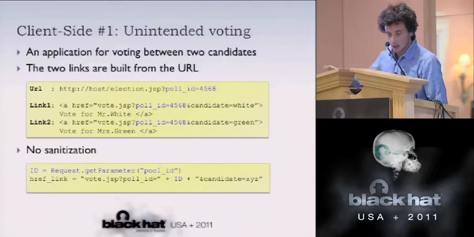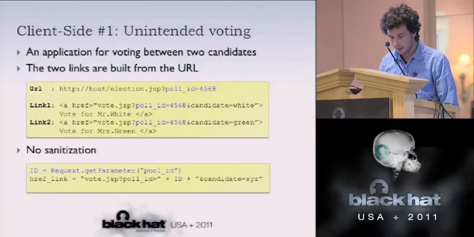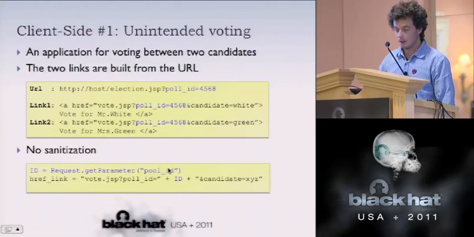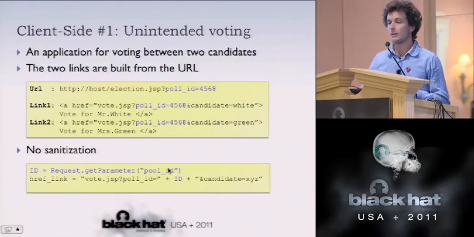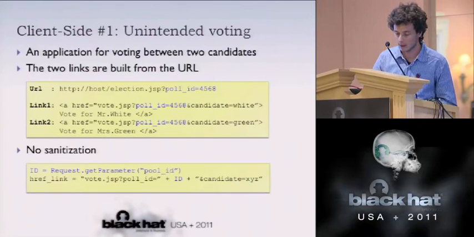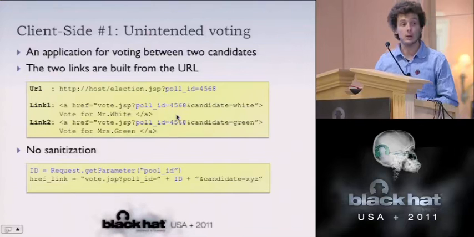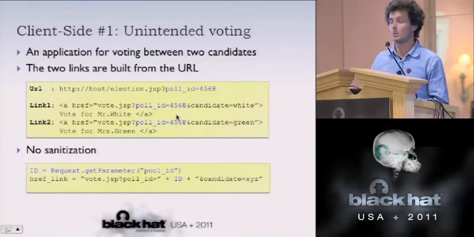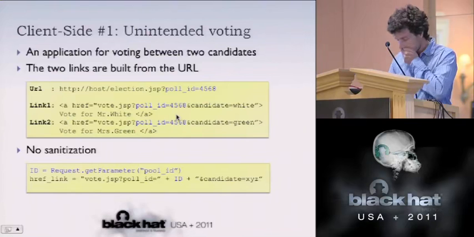So finally, the user can vote by clicking the first link or the second link, so there is nothing strange with this. What you can see here is that this poll ID, server side, is actually taken and used directly to build the 2 links. In fact, the two links contain the poll ID, which specifies for which poll you are voting.